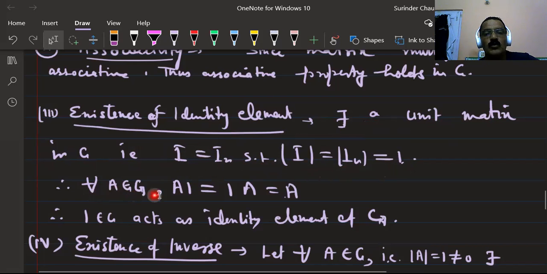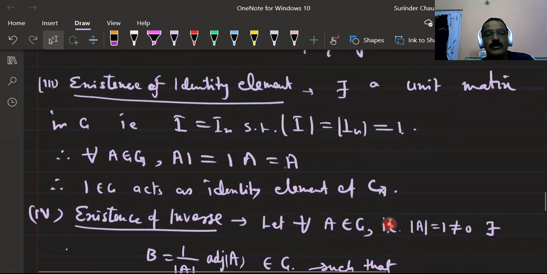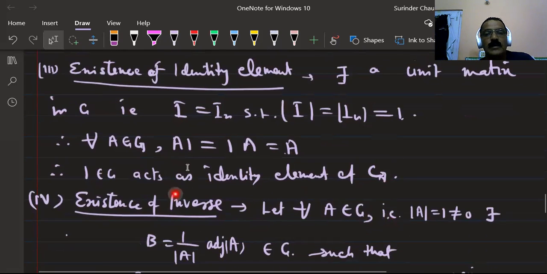For all A belonging to G, A into I is equal to I into A, which is A. Therefore I belongs to G. Note that this I is a matrix and this 1 is an element.